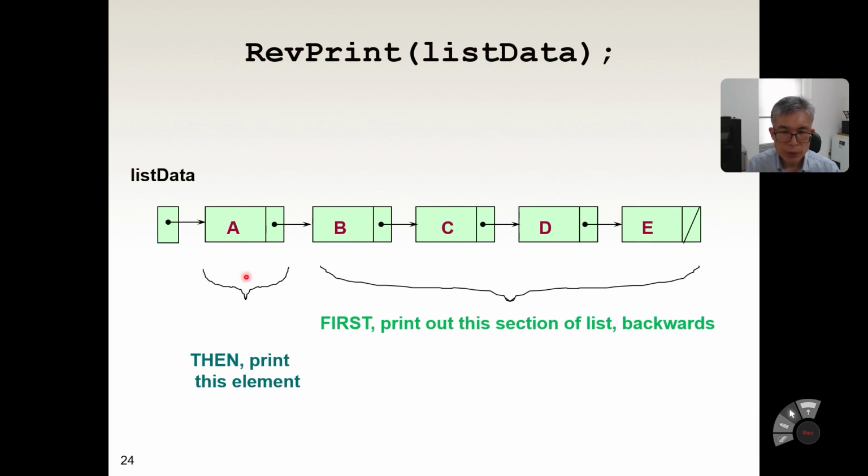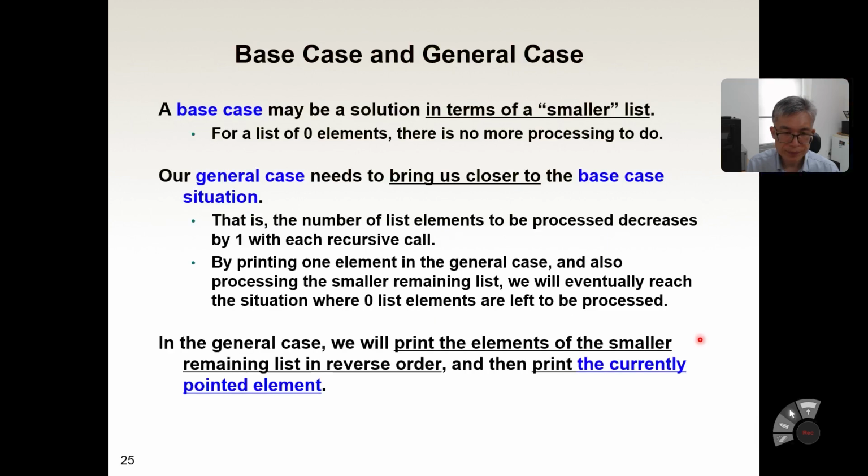We want to print out the values using a recursive function, recursive print. The basic idea is that if the next pointer exists, we go to next, and then when next is null, this one prints and returns, print return, print return, and so on. Recursively, we can print the list values backward.